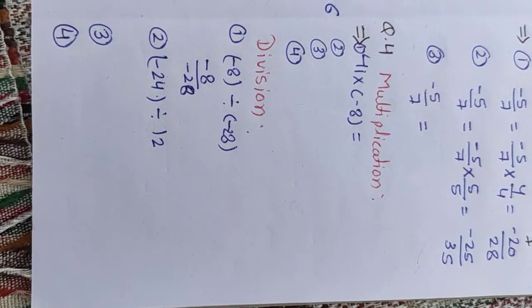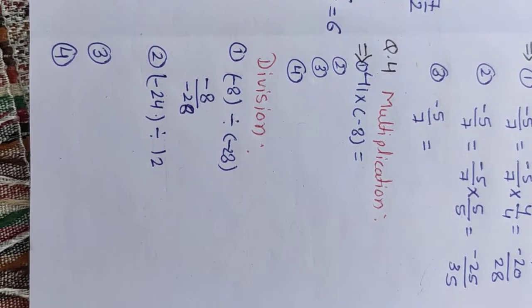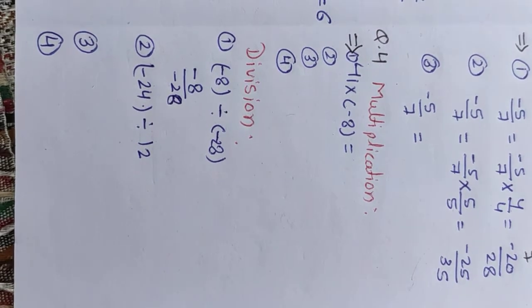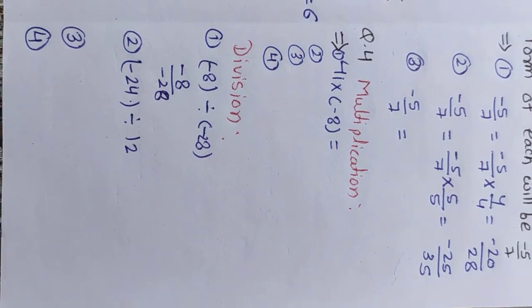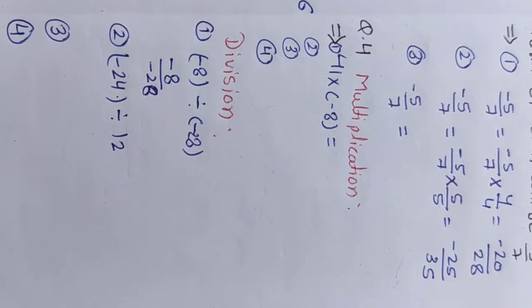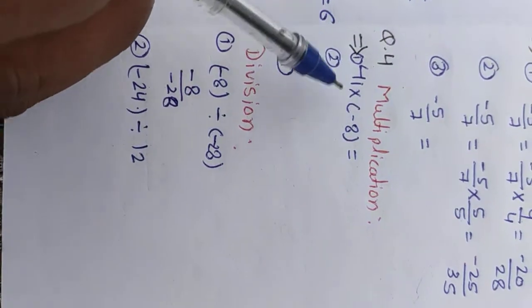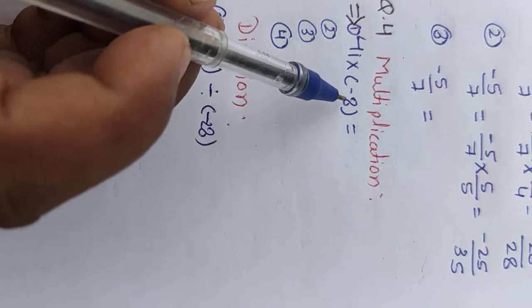Now come to question number 4. See, there is a fish pond and all the fish carry some number. In that question, choose 4 pairs of multiplication and 4 pairs of division. Take any number and just multiply. For example, the first one, 41 multiplied by -8.